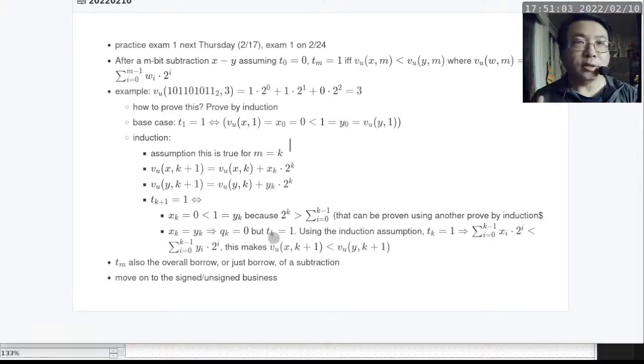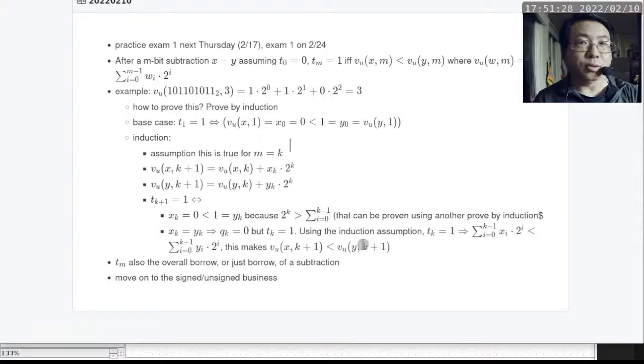But in this case, if tk equals 1, then based on the induction assumption, we can conclude that the less significant digits of x are less than the value of the less significant digits of y. And since the new digit is the same, it's not going to contribute anything to making one larger or smaller.